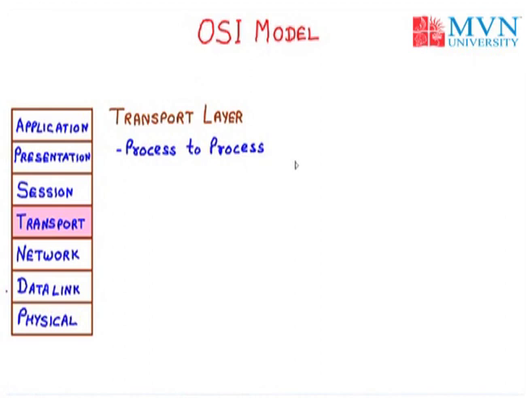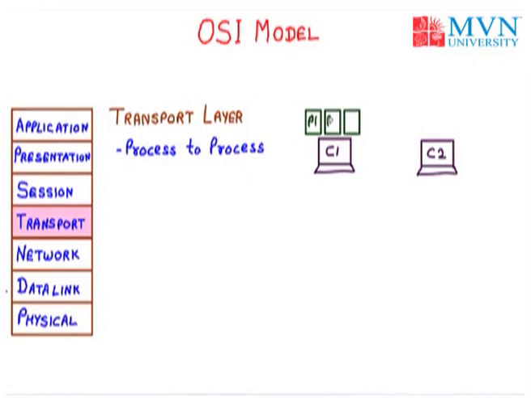To understand process to process delivery, let us take an example diagram. We have two computers, which I am naming C1 and C2, where C stands for computer. Each computer has various processes in it. For example, C1 has three processes, which I am naming P1, P2 and P3, where P stands for process, and C2 has two more processes, named P4 and P5.